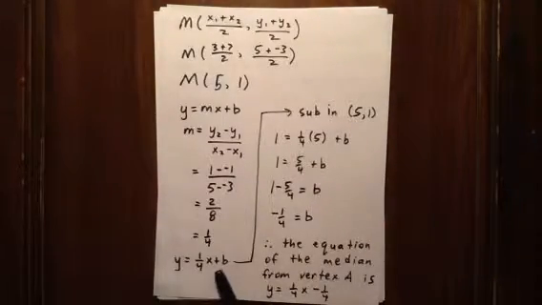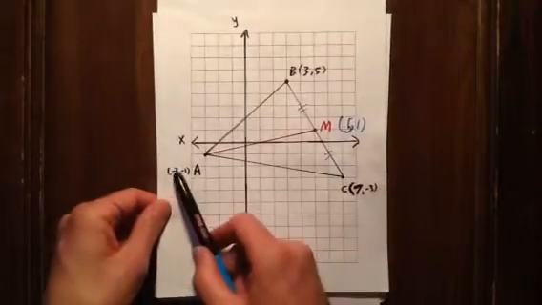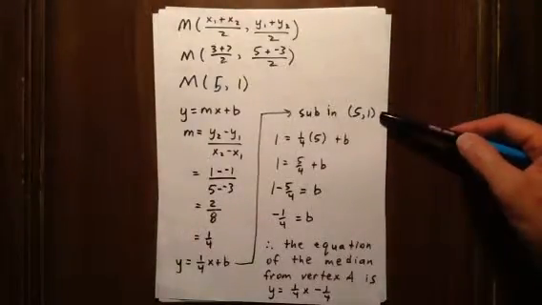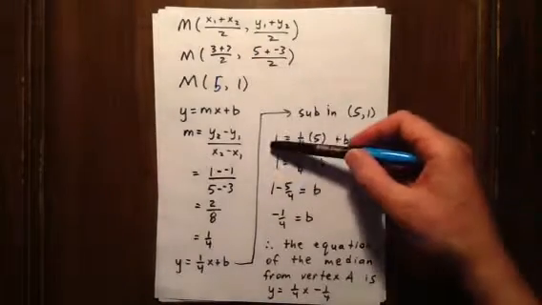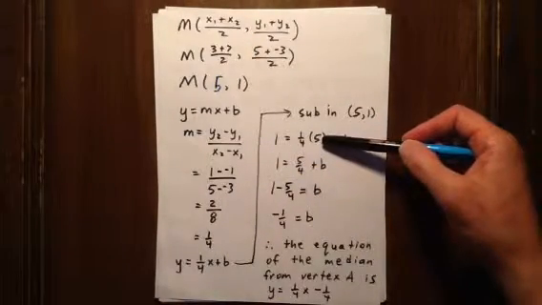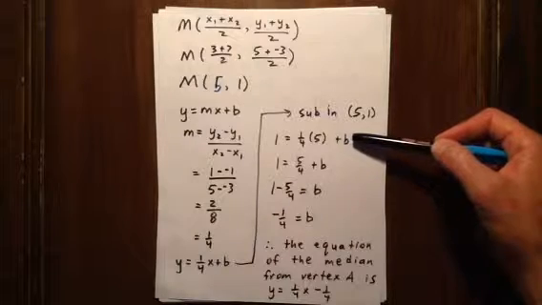is y equals 1/4 x plus b. In order to solve for b, we need to sub in either the point -3, -1 or the point 5, 1. So we're going to sub in the point 5, 1. Doing that, we get 1 for y equaling 1/4 of 5 for x plus b.